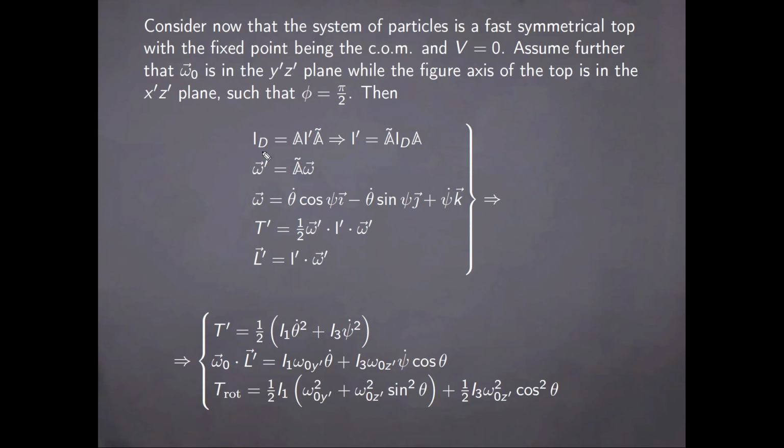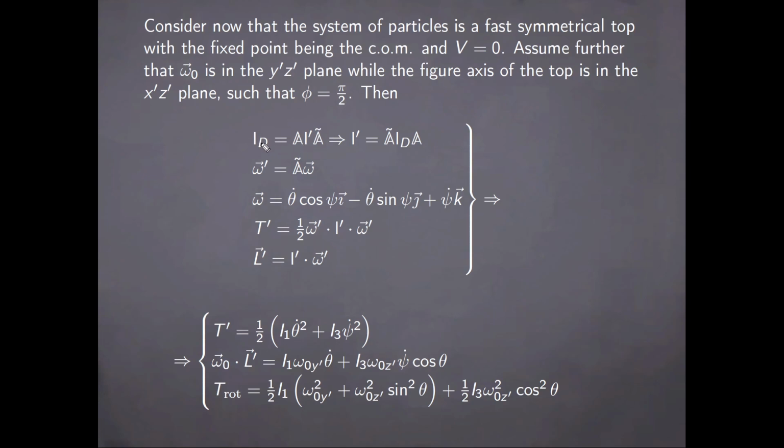Then the diagonal form of the inertia tensor, which is valid in the body frame of our fast symmetrical top, can be obtained by a similarity transformation from the inertia tensor as seen in the frame of reference attached to the rotating Earth.